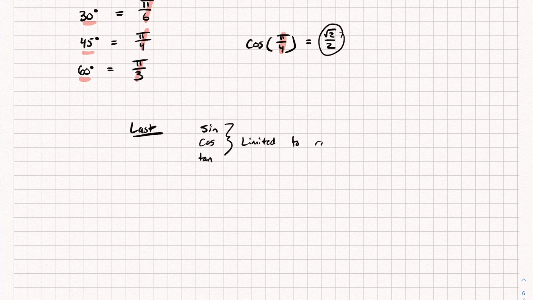And if you remember from the first part of the video, if you watched the first part, the angle that we're taking sine, cosine, and tangent of, that we're trying to find the ratio of, is stuck between 0 and 90 degrees. In other words, I'm limited in what I can find sine, cosine, and tangent of. I can't go past 90. And we know from the unit circle that this is in the first quadrant, right? 0 to 90 runs from here to here.